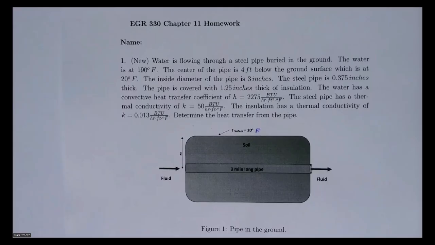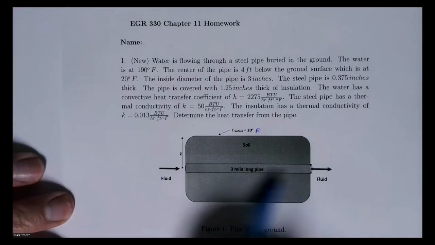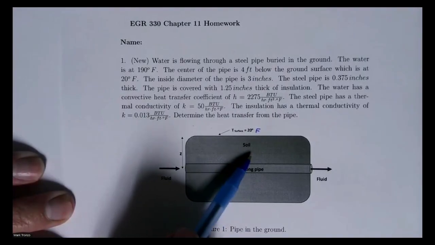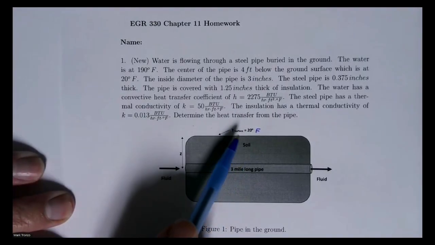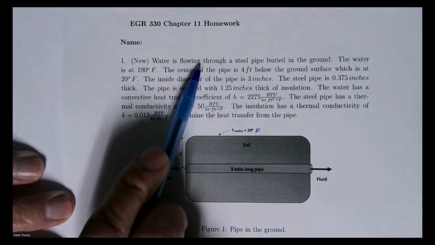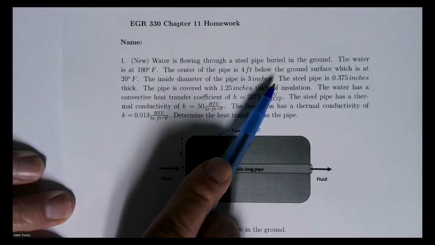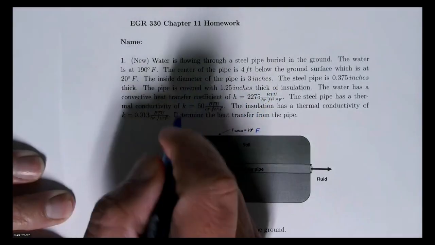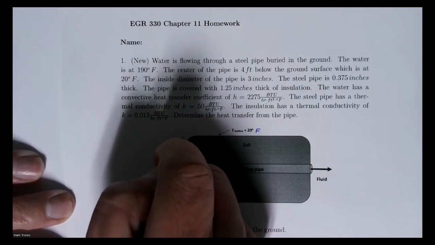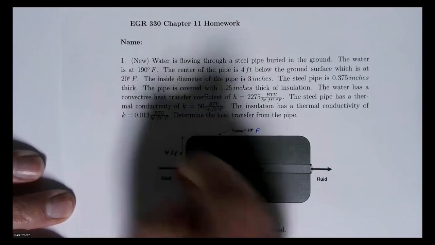We have our fluid flowing through the steel pipe, and the fluid, of course, is water. And there's soil here, the ground, and the surface temperature at the top of the ground is 20 degrees Fahrenheit. The pipe is 4 feet below the ground surface, and so this is going to be 4 feet, like this.